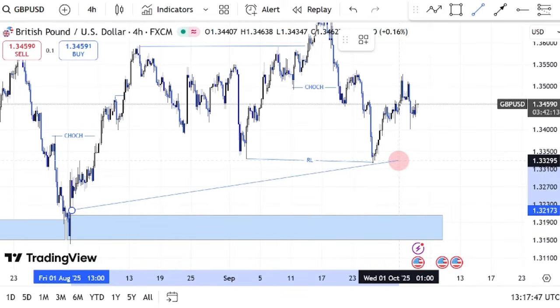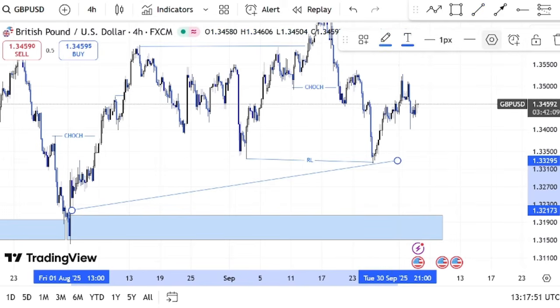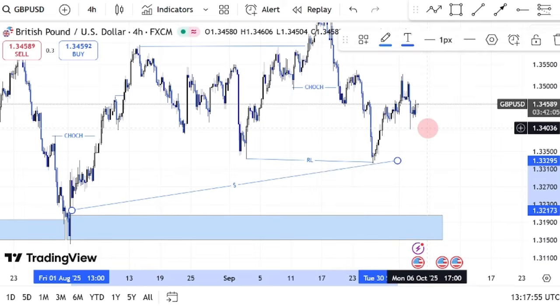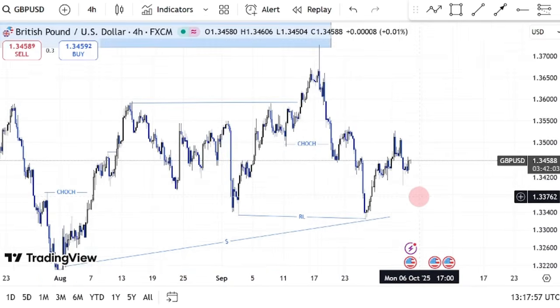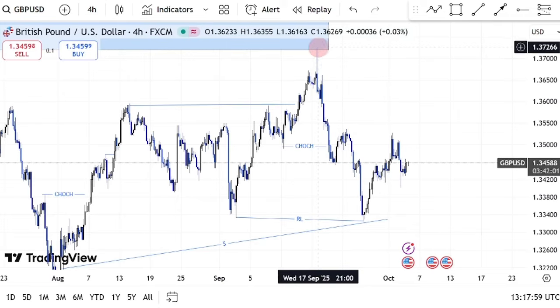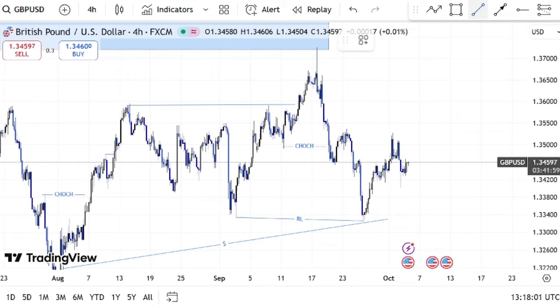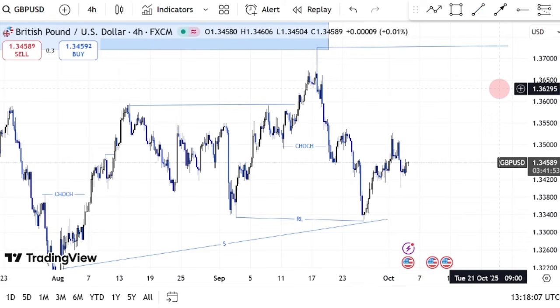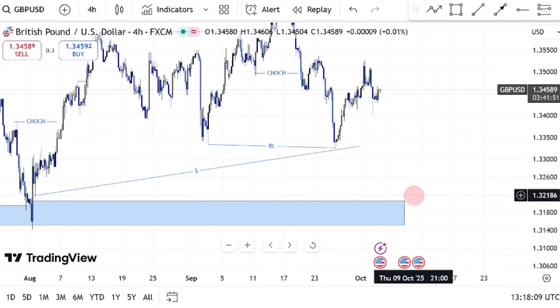This tells you that we are expecting the market to roll to the downside. So now we have this high sitting here, this high and this low as our trading range on the 4 hours.